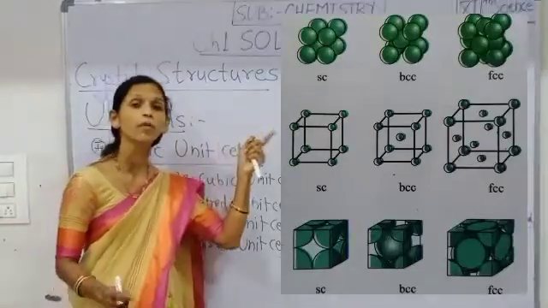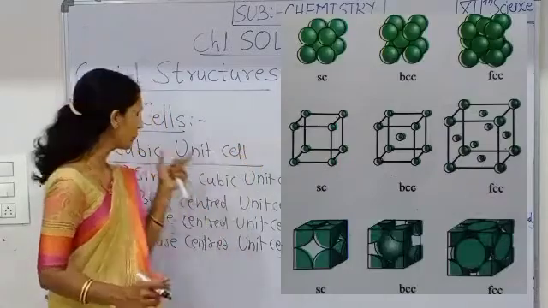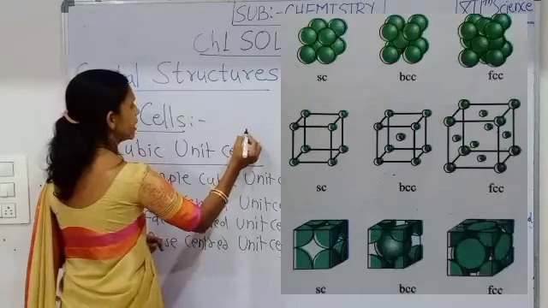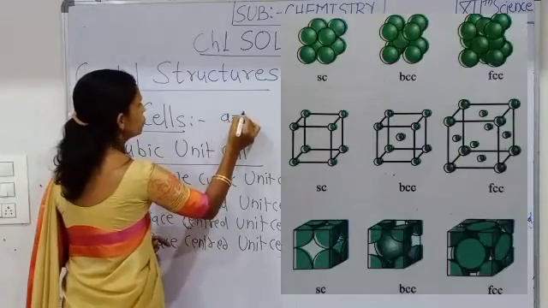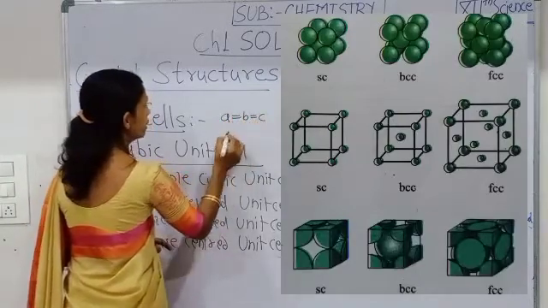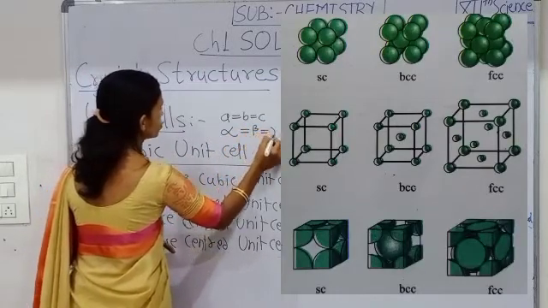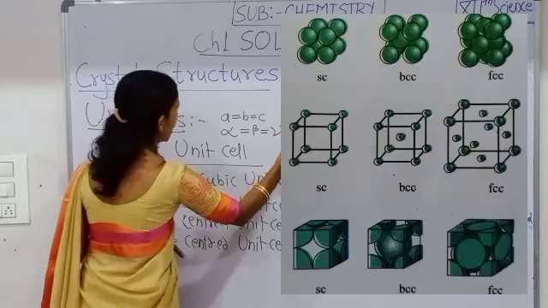See here in the figure, in the cubic type of unit cell, the condition is that A is equal to B is equal to C, and alpha is equal to beta is equal to gamma is equal to 90 degrees.